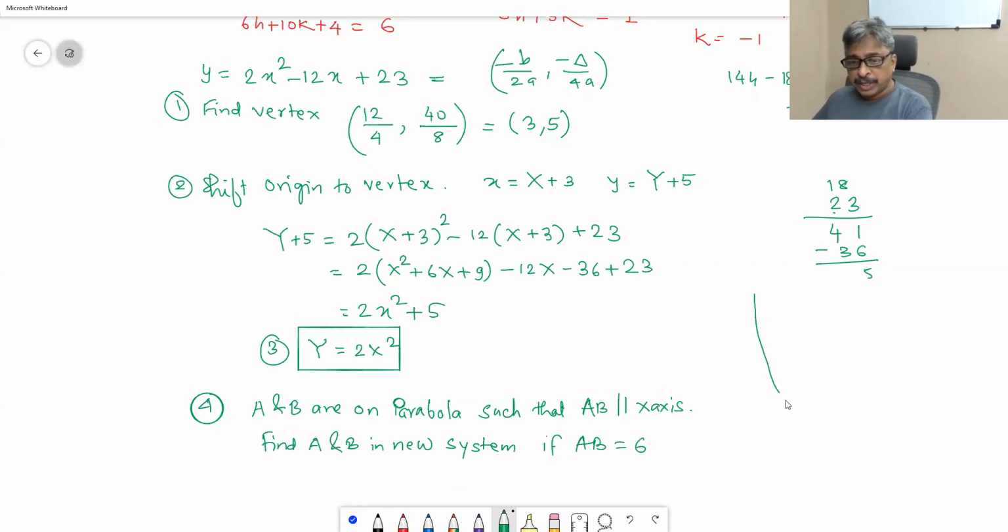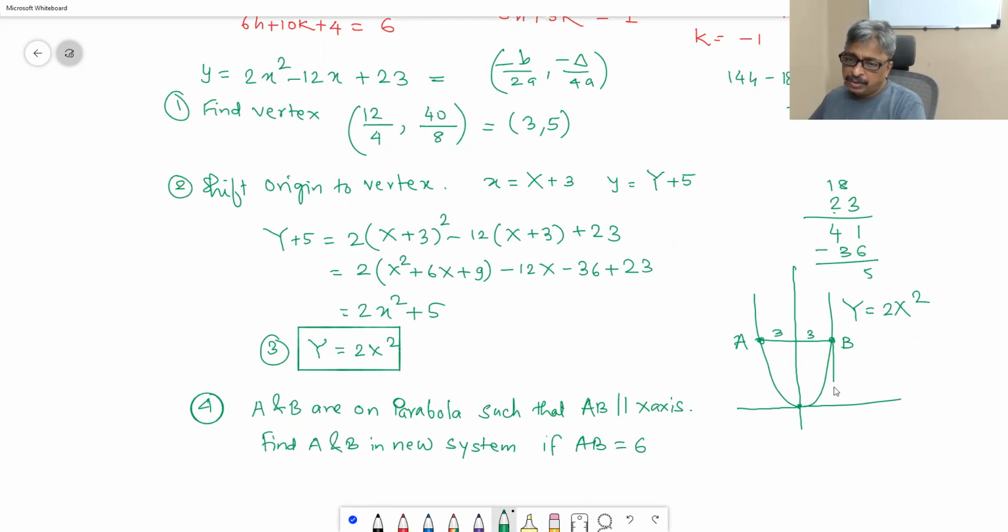Now let me explain it directly. The parabola is looking like this. Y is equal to 2X square. That means it is a steep parabola. The origin is now at the vertex, 0 0 new. I am considering the new parabola, y is equal to 2X square. And you want A and B such that this distance is 6. Now it is really easy because this is 3 and this is 3.